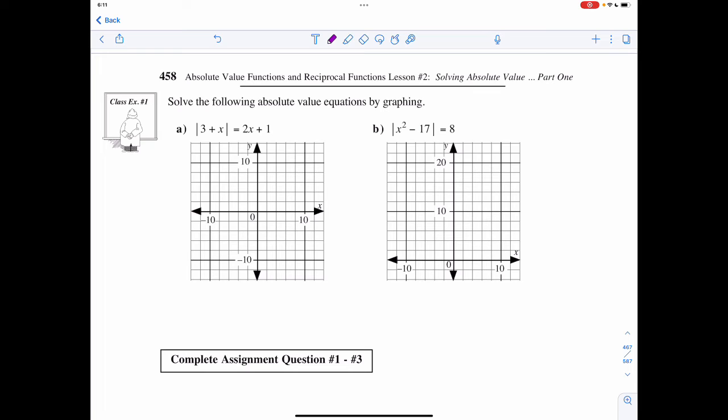Now, we can have the same thing where it's not just a constant that's on the other side of the equation. We can do it where we have an entire other polynomial. When I do this, I'm going to do the same thing where I'm going to take the left side, I'm going to graph it out, and I'm going to get something that looks like this.